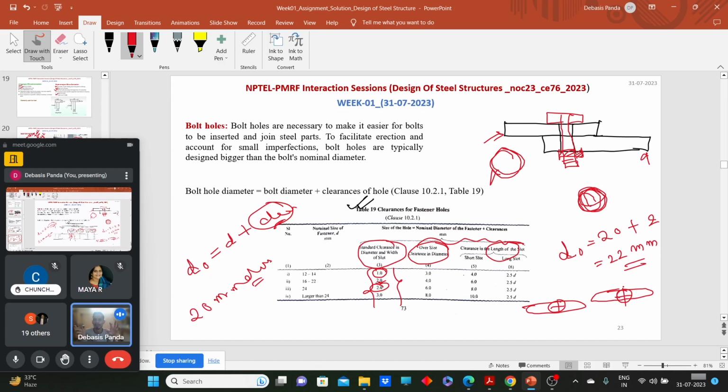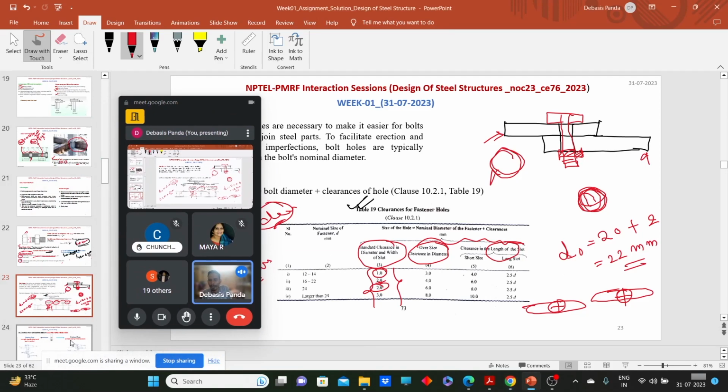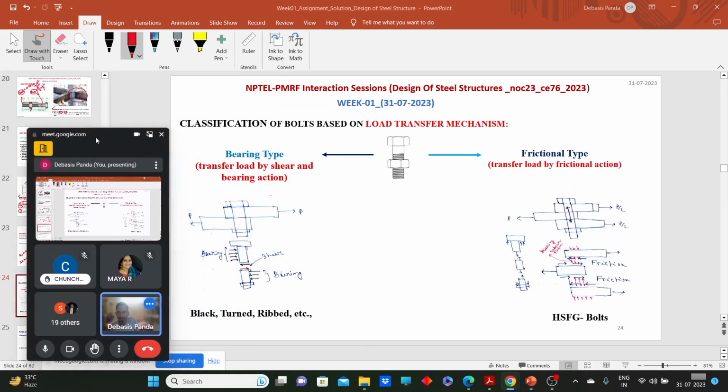So now we have the understanding of the bolt, the diameter of the bolt, the strength of the bolt, and the diameter of the bolt hole. Now we have to know how we can place these bolts, or the way of load transfer mechanism.